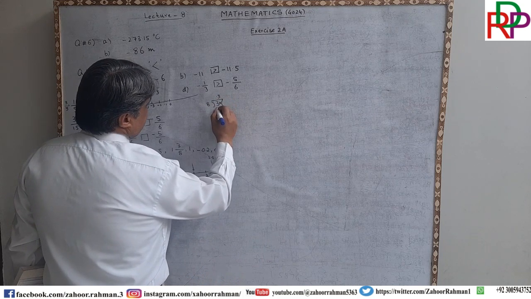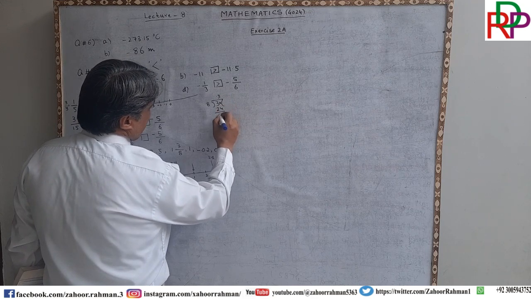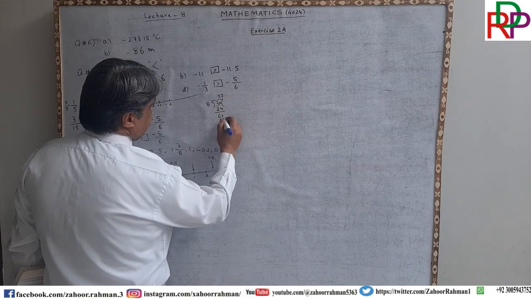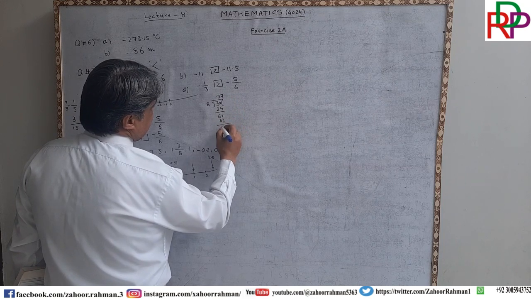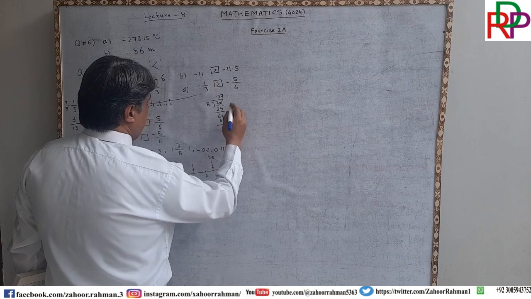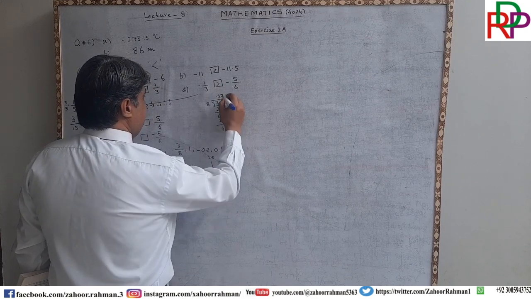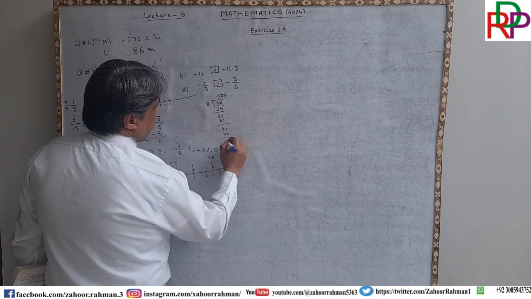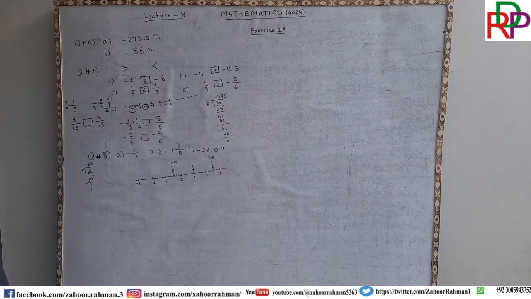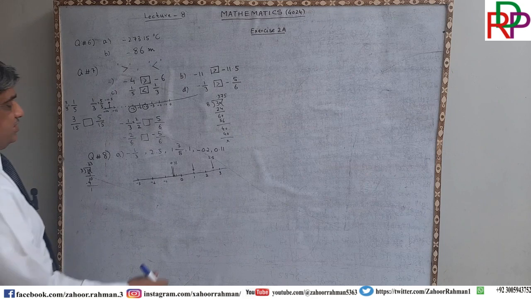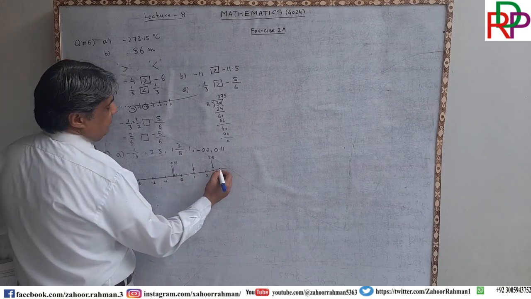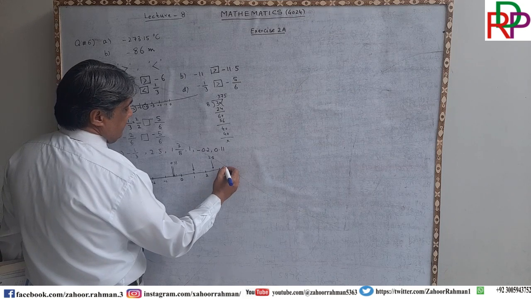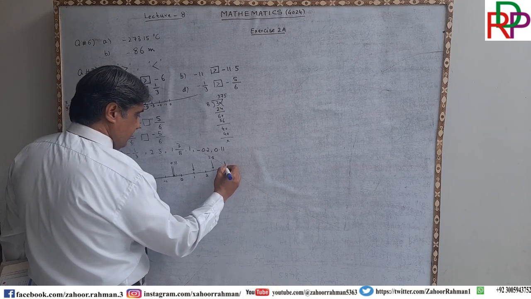So 3 divided by 8 gives 0.375, because 5 8s are 40. So 0.375 will be somewhere here.